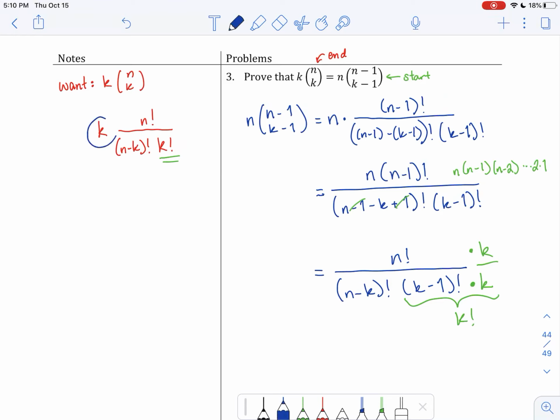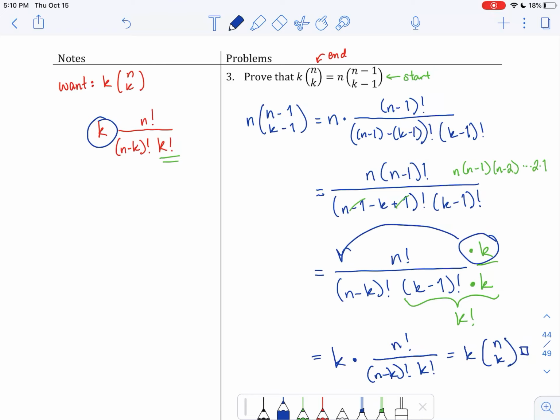Oh, well look, that's just fine. That's going to give us this k out here. I'm going to use the commutative property to reorder it, and I end up with k times n factorial over n minus k factorial times k factorial, which is k times n choose k, which is our final answer.